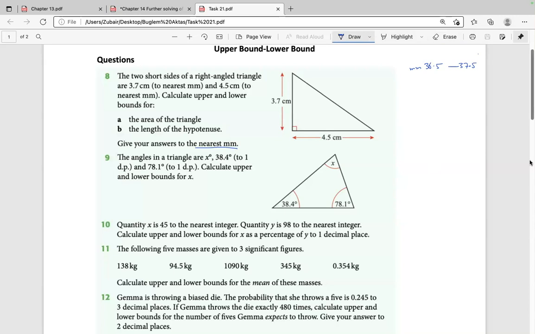For area, 0.5 into 37.5 multiplied by 45.5, divided by 2. Area of triangle. Yes. And so base times height times 1/2, right? Yes. That was what I was doing. Okay, let me try again.